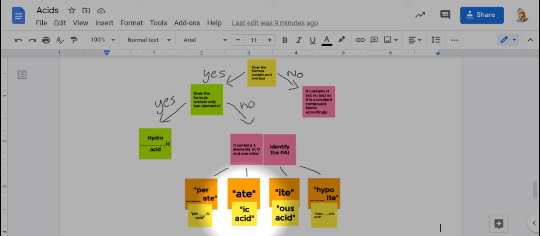If it's ate, it becomes an ic acid. Per-ate, it becomes a per-ic acid. Ite, it becomes ous. And hypo-ite, it becomes hypo-ous acid. So hopefully this flowchart will help you cement the idea about naming acids.